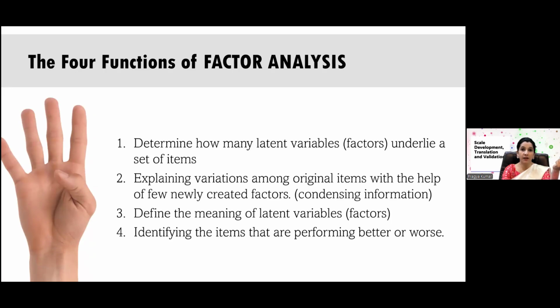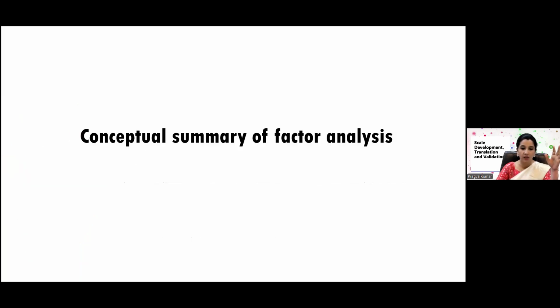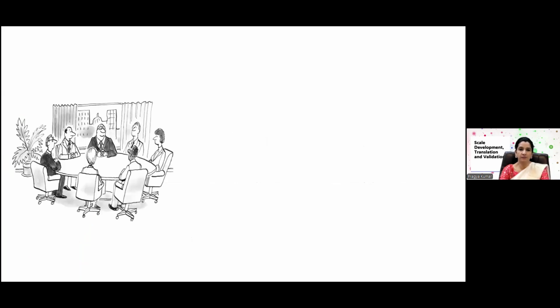Then you identify the items that are poor performing or better performing. Like we said, if question number 2 is constantly performing worse in the reliability as well as in EFA, then you might take a decision to remove that particular item from the overall questionnaire.